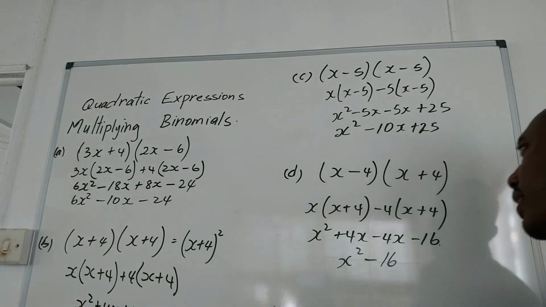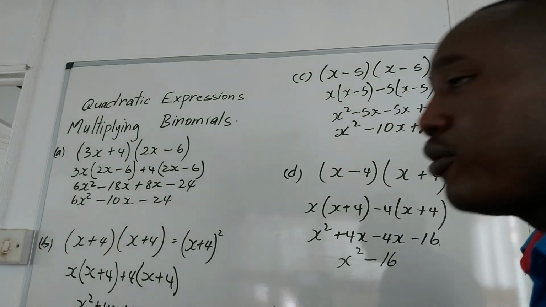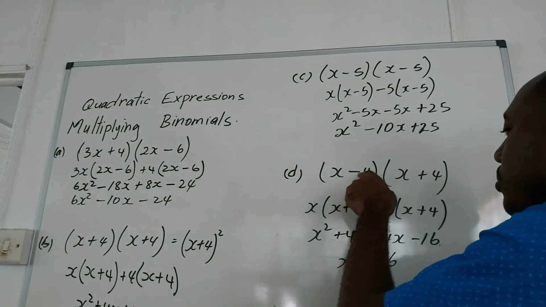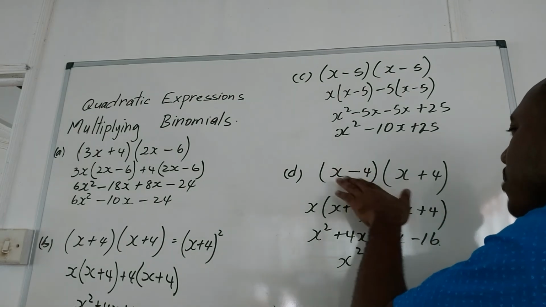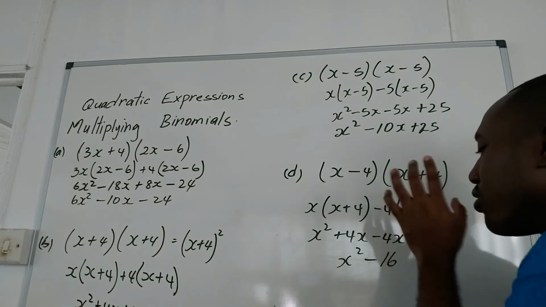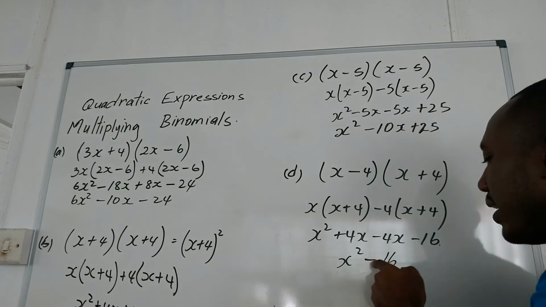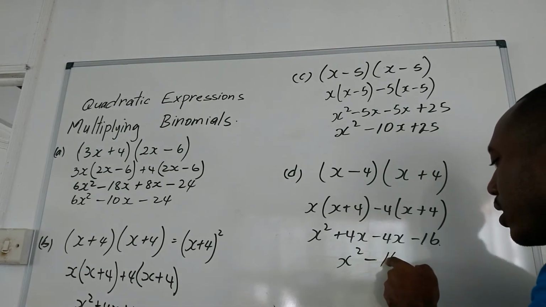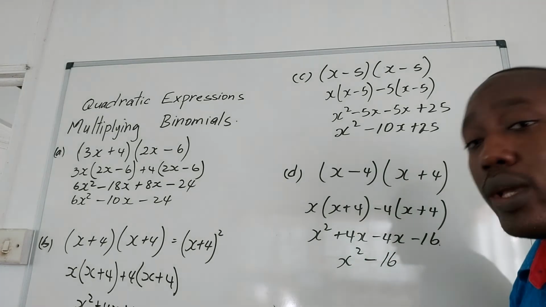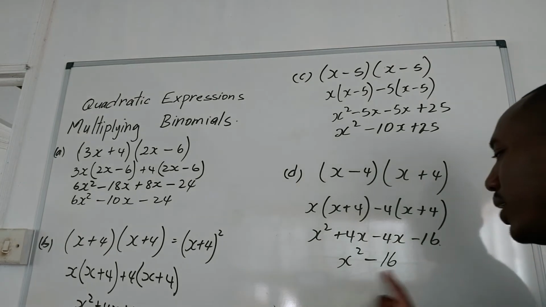x squared minus 16. Now, why is this special? Anytime we have a binomial expression where we have x plus 4 and x minus 4, the signs are different, the result will always be in this form: x squared minus 16. The value of b will be equal to 0, so there will be no value for b in here.